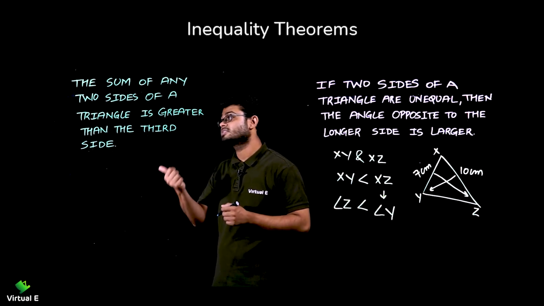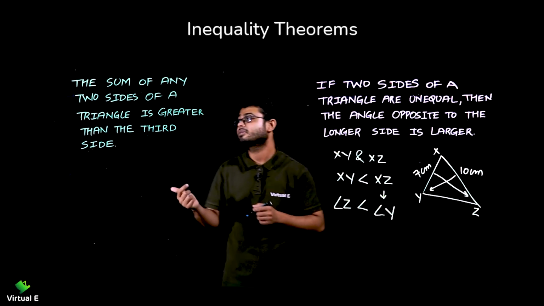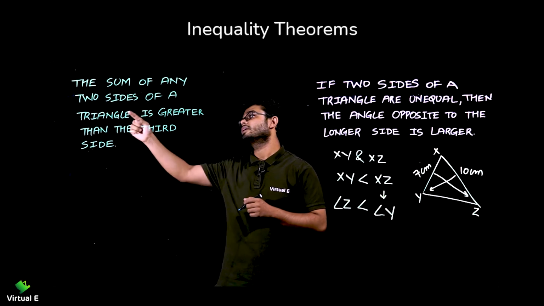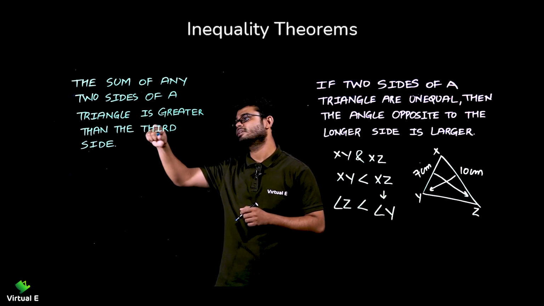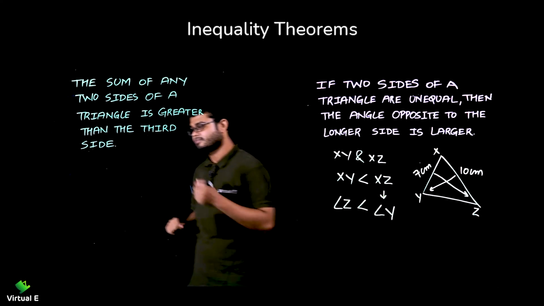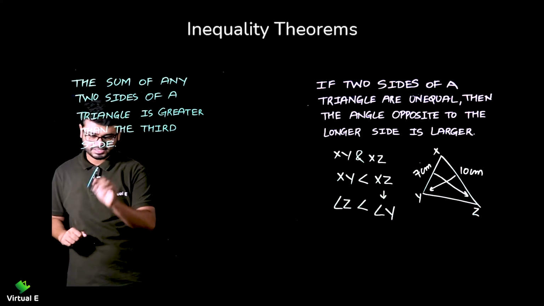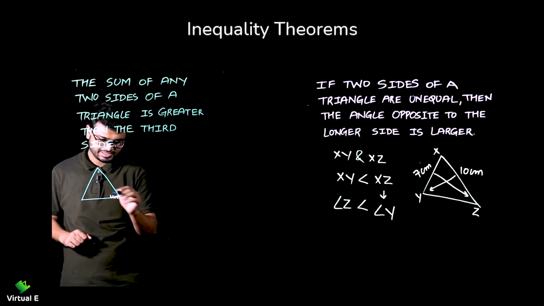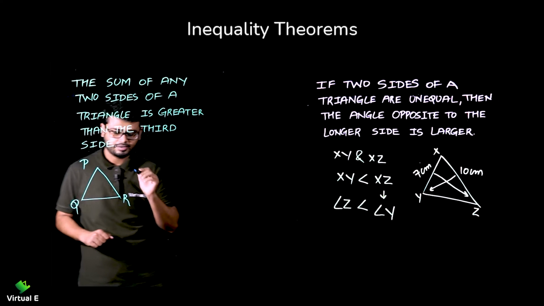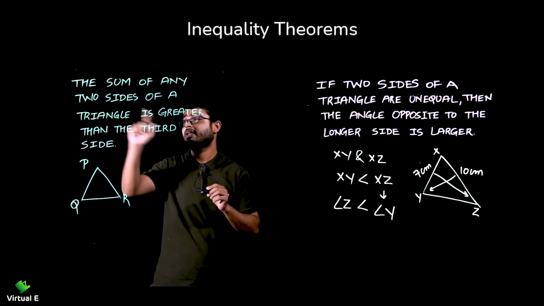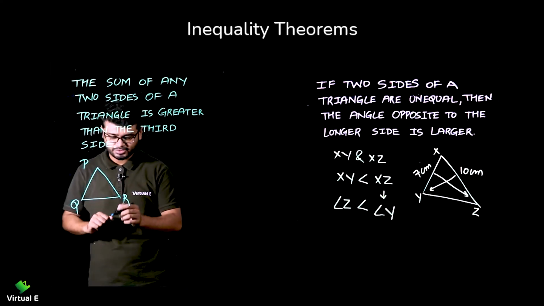You must have learned this inequality theorem maybe in the previous grades. So let's start. The sum of any two sides of a triangle is greater than the third side. Let's take something else, P, Q and R. The sum of any two sides.